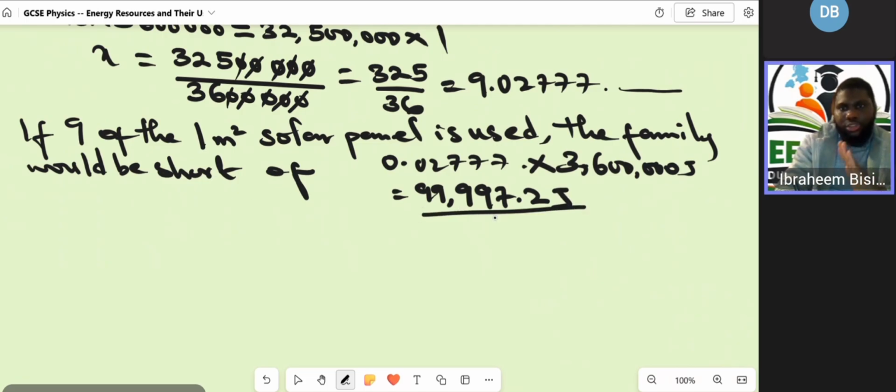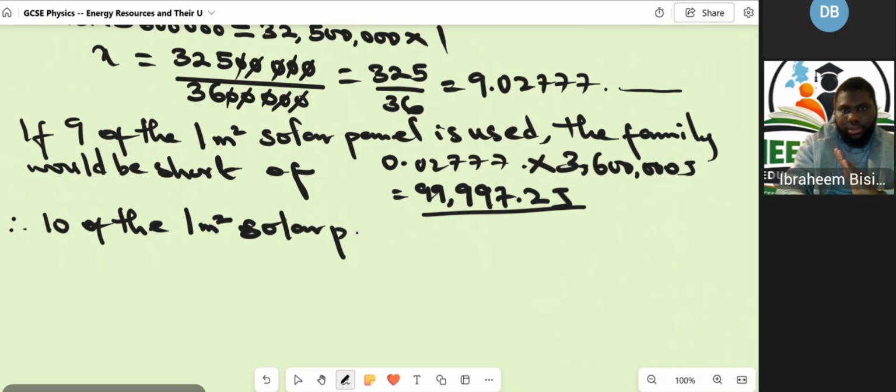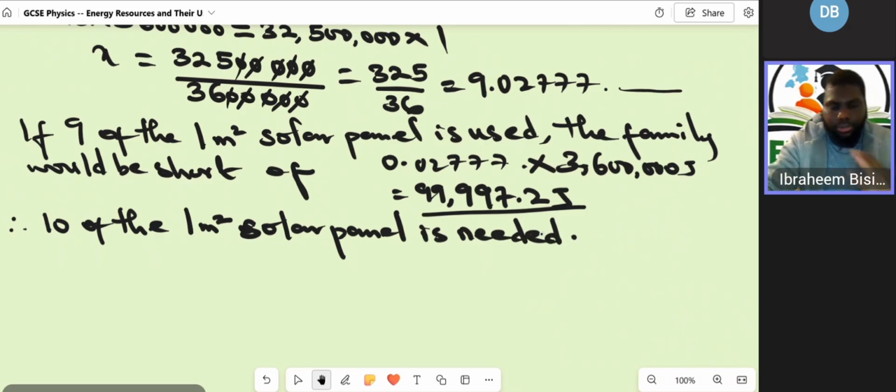The family will be short of this energy. Therefore, 10 of the 1 meter square solar panels are needed. So that is the minimum.